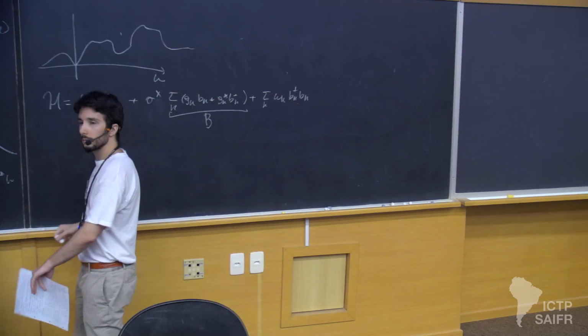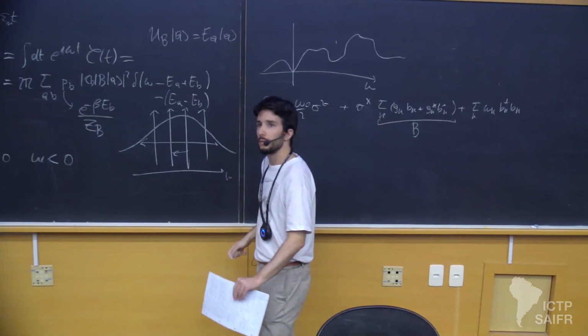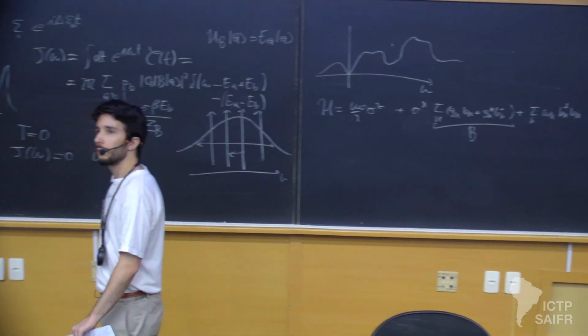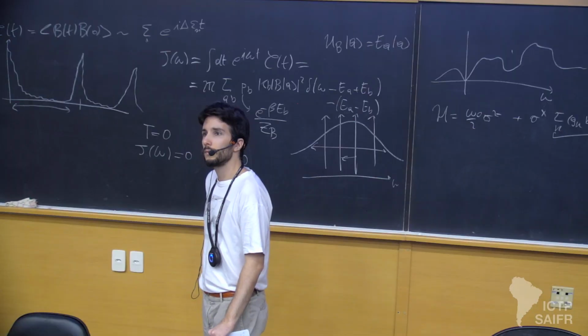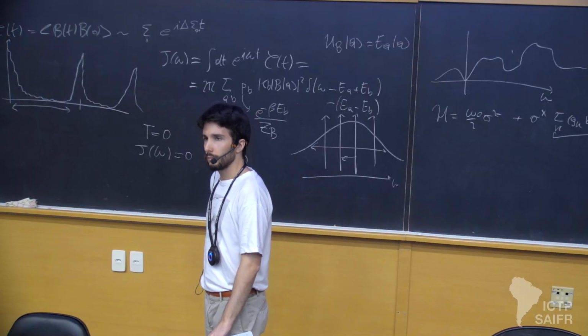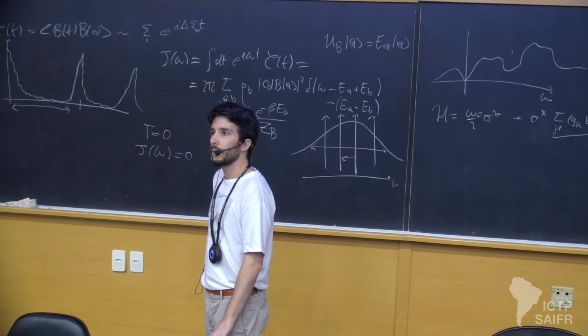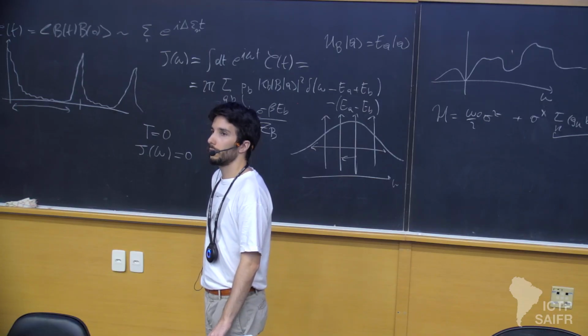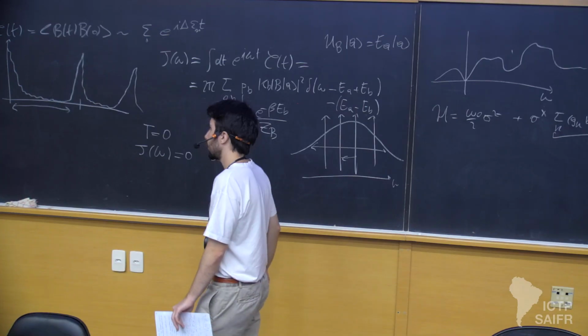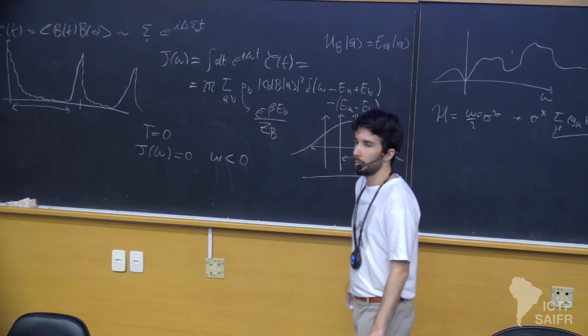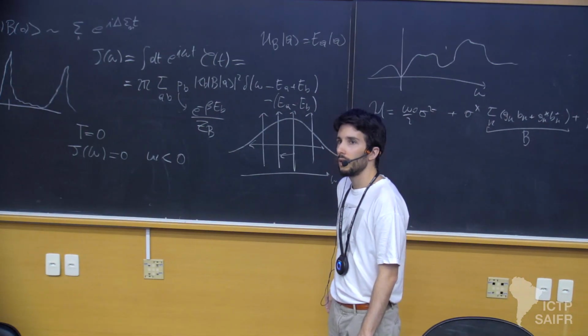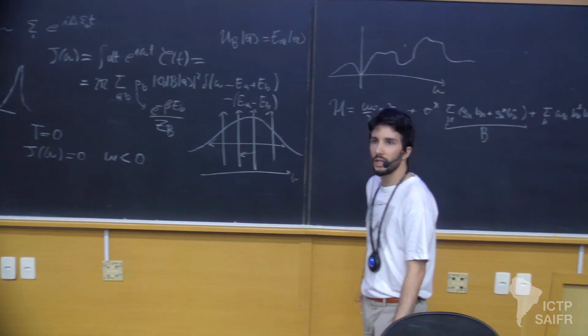Can I ask something? Yes. Yesterday I asked about solid state applications. So if your HS is like a band structure, for example, and you said something about you run into problems when the level spacing is really tiny in HS. Is this already related to the level spacing of the bath, or is this a different problem? No, it's a higher level problem, I would say. It's going to be clearer later.